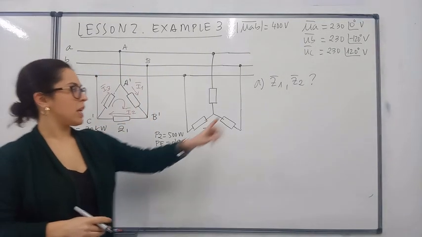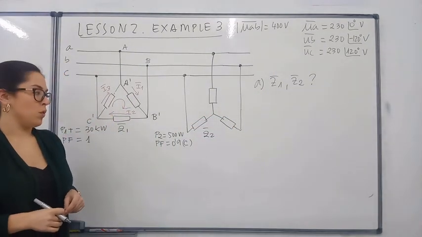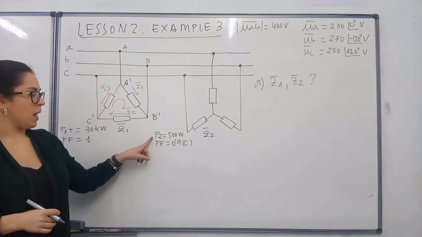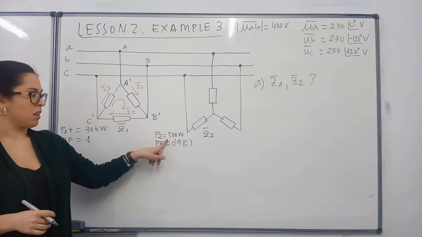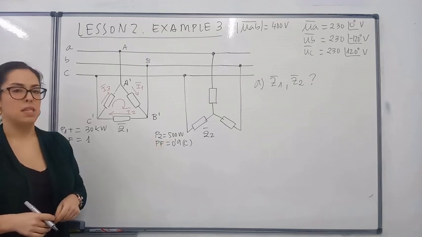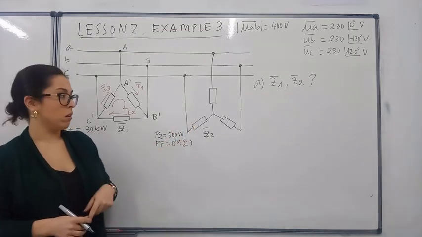Now that we have obtained Z1, let's do the same with set 2. In this case, the active power is 500 watts and the power factor is 0.9 capacitive. That is the active power of one of these loads.